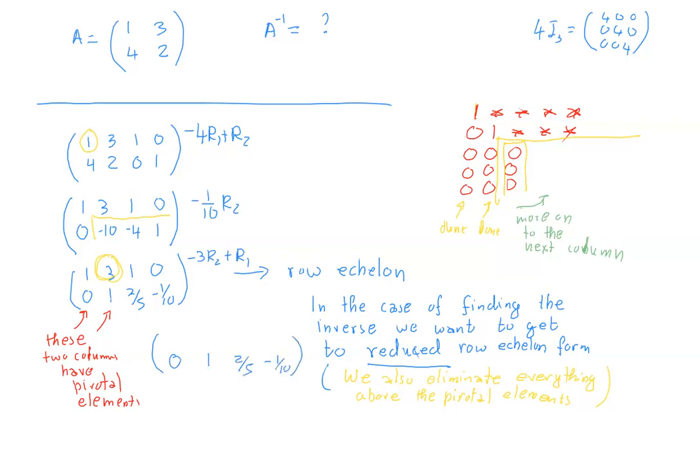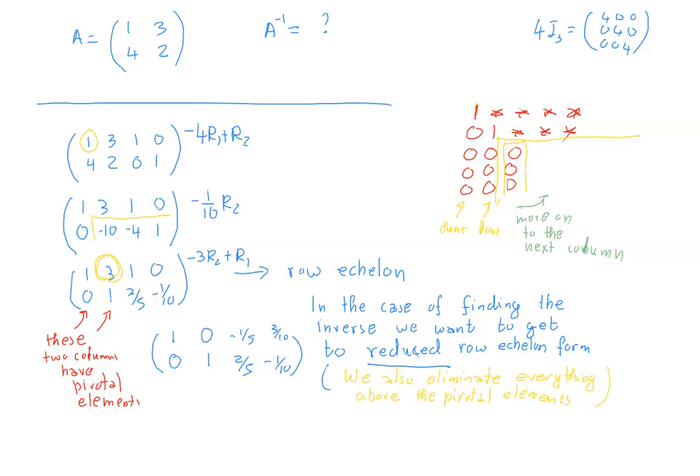And the first row becomes 1, 0. Then you have negative 3 times 2/5 is negative 6/5 plus 5/5 is negative 1/5 right here. And finally, you have negative 3 times negative 1/10 is 3/10 plus 0, that's 3/10. Okay? And now we're done.